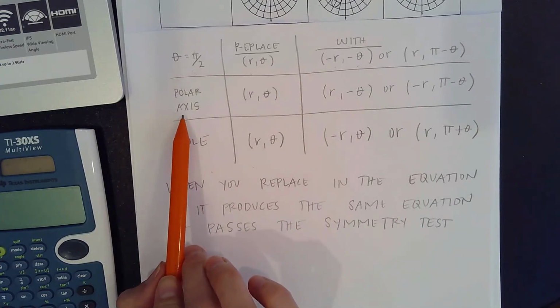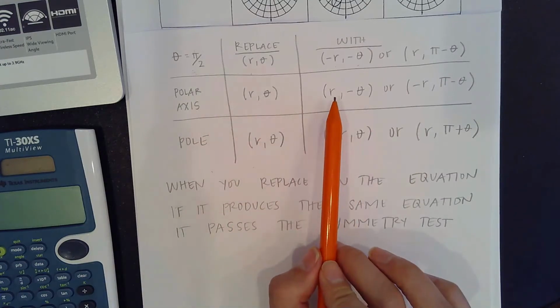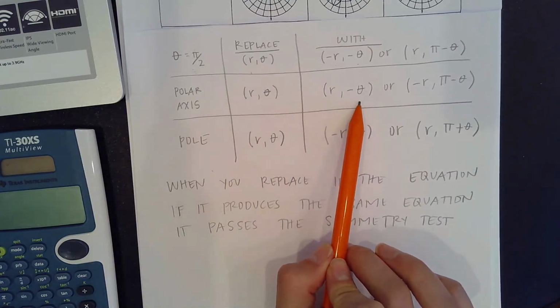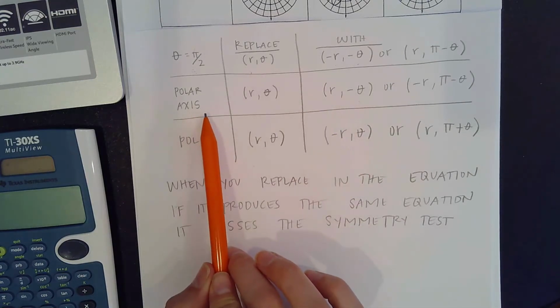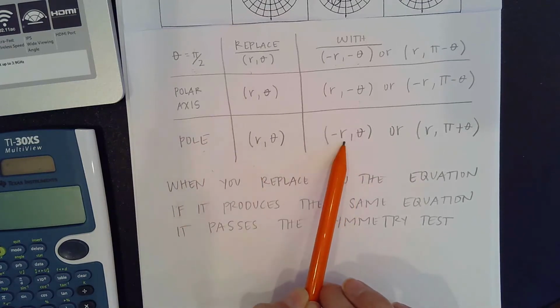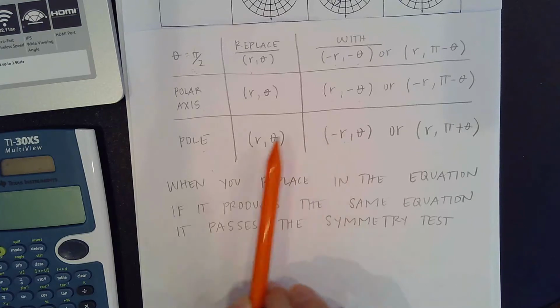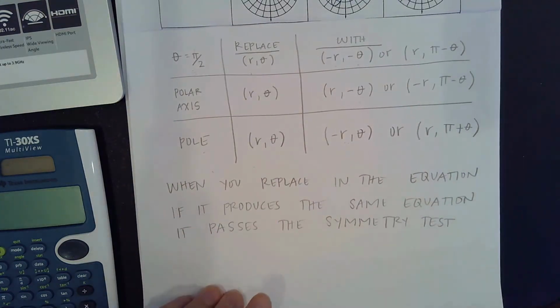Okay, so for polar, we're still going to replace your r and theta with r negative theta. If it gives you the same equation, then it passes that, so it's going to be symmetrical across a polar axis. If it's a pole, same thing, you're going to replace with this, and if it gives you the same equation, then it passes the test.